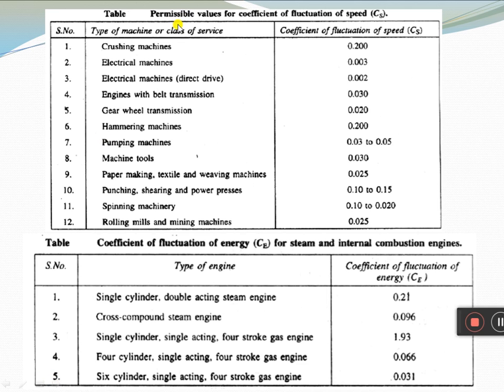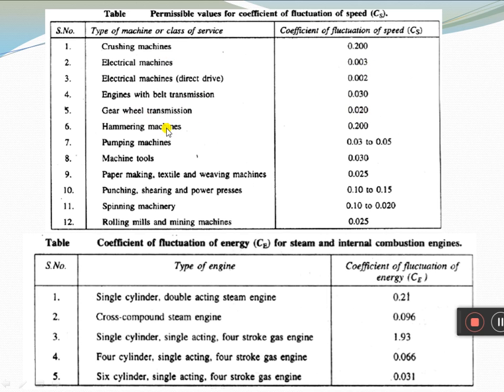And the next is the permissible value of the coefficient of fluctuation of speed, Cs. Based on the application of the flywheel, that is the type of machine or class of service, you can select the coefficient of fluctuation of speed. For a crushing machine it is 0.200, for electrical machines 0.003, and for gear wheel transmission 0.020.